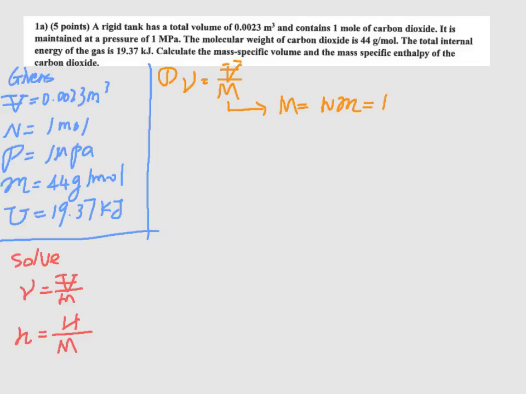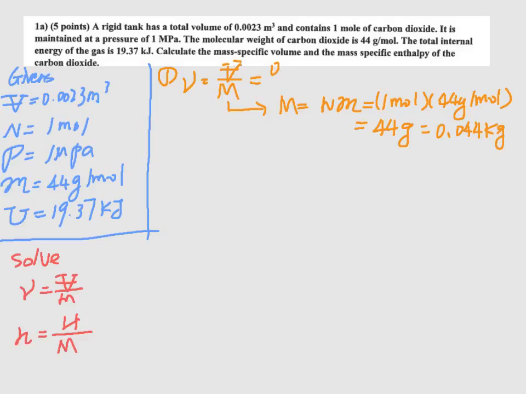So here we have 1 mole times 44 grams per mole. And then we have the mass, which is 44 grams, or you can write as 0.044 kilograms. Now we can plug this mass back into this first equation.